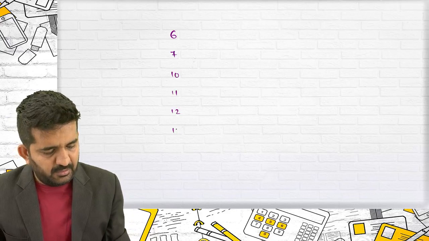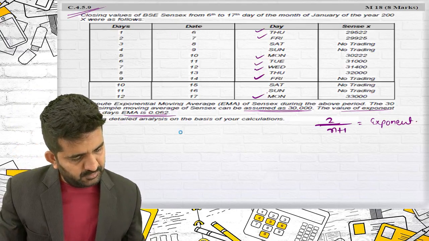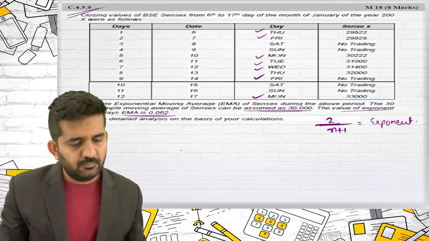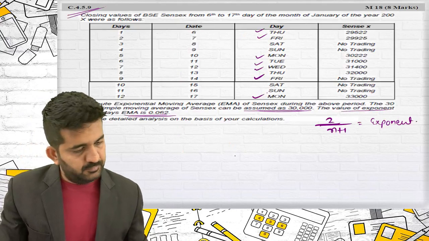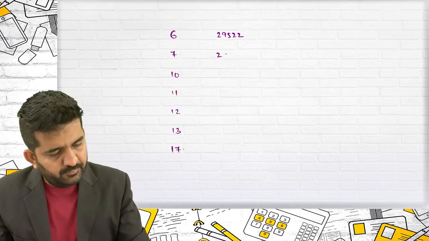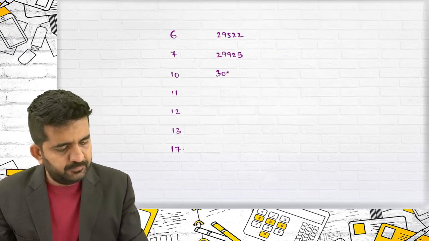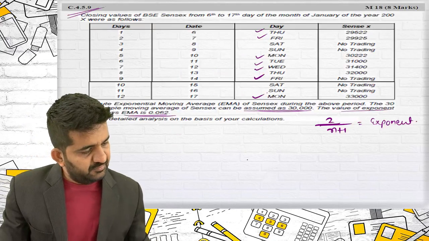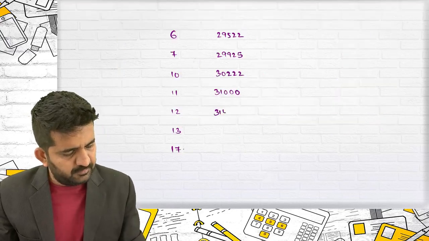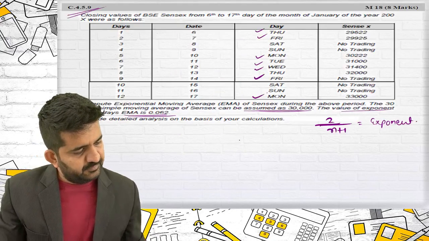The prices are 29522, 29925, 30222, 31,000, 31,400, 32,000, 33,000.